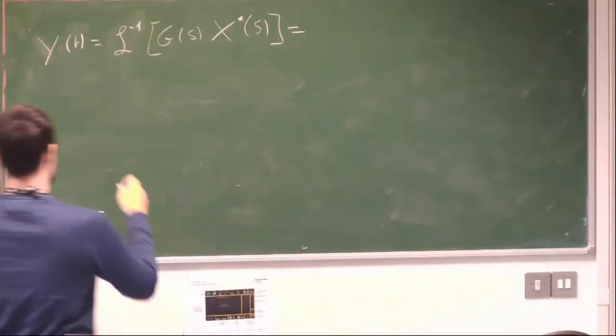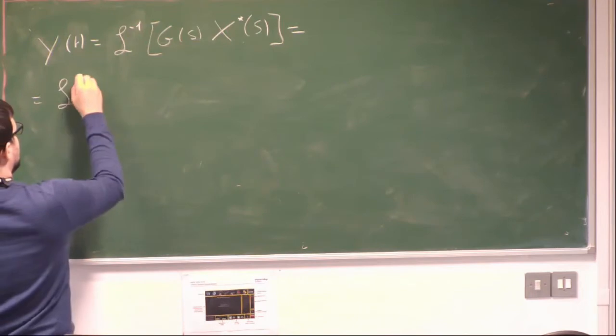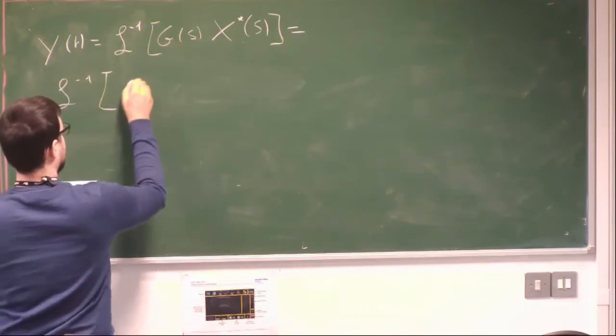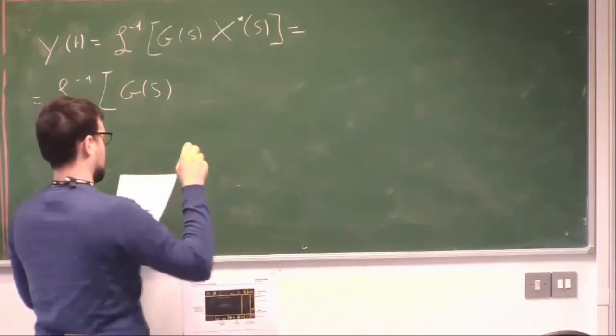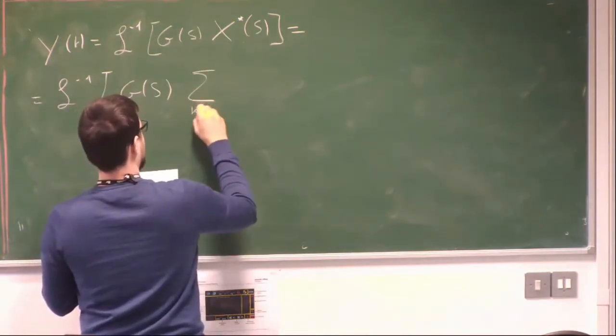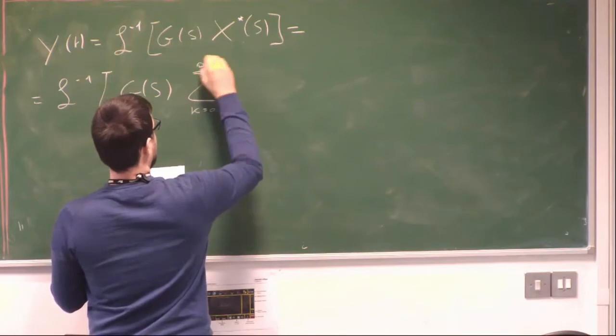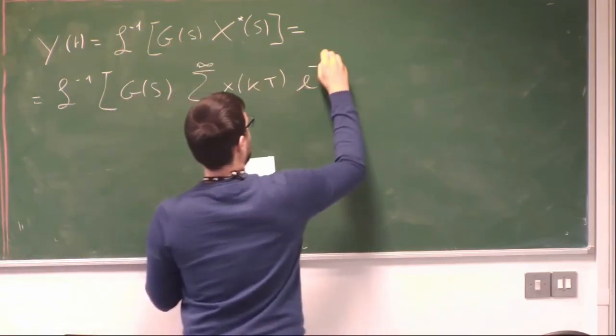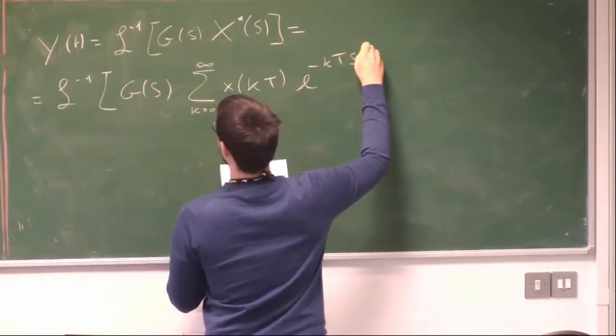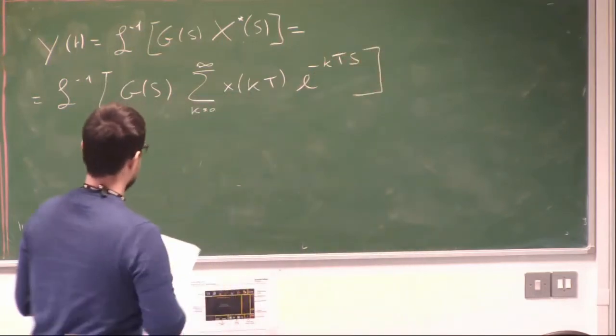So this is equal to the inverse Laplace transform of g of s, and now we replace the definition of x star of s, that is the sum with k going from 0 to infinity of x(kT) times e to the power minus kTs.